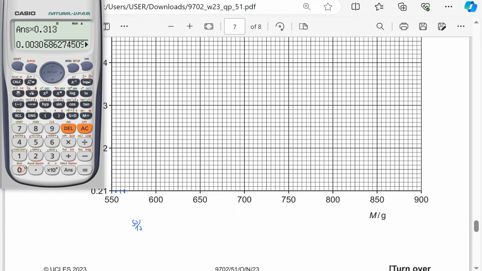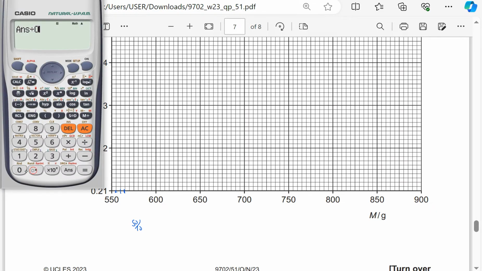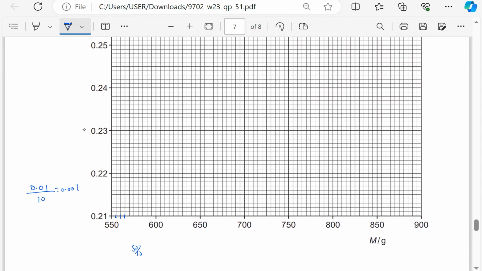So I'll say 0.218 minus 0.21 divided by the scale on the vertical. The scale on the vertical is 0.01 divided by 10, which is 0.001. So I'll divide this by 0.001. Those are 8 boxes. So the plotted point is going to be this one here.